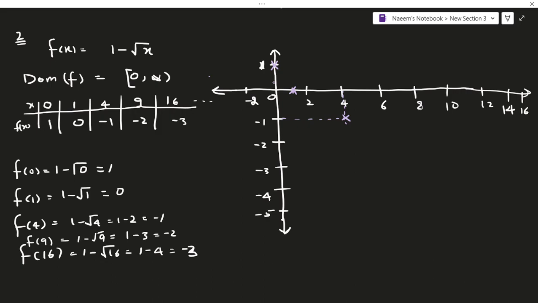When x is 9, 9 is here, and f of x is minus 2. When x is 16, f of x is minus 3.